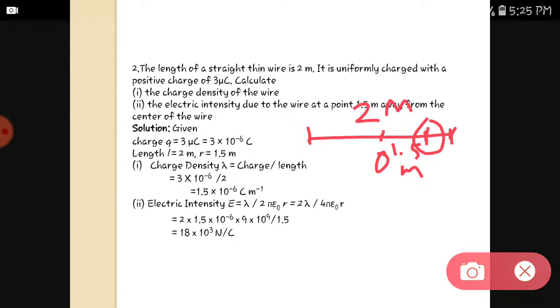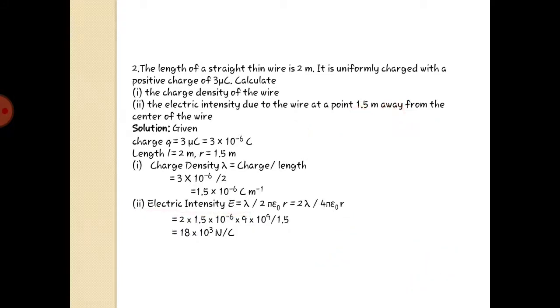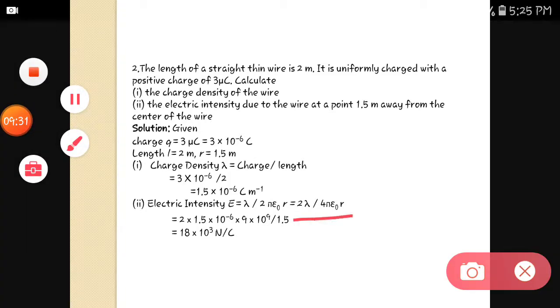Am I right? So the electric field intensity in terms of lambda is lambda by 2 pi epsilon 0 into R. As we all know the value for 1 by 4 pi epsilon 0, I have converted that formula into this form.